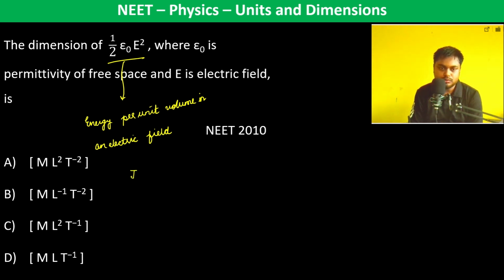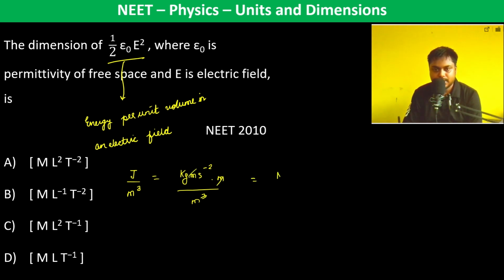So therefore joule per volume, meter cube. So this is Newton meter, kg m s minus 2 Newton meter divided by meter cube, gone. So this is M L minus 1 T minus 2. So therefore B is going to be the answer.